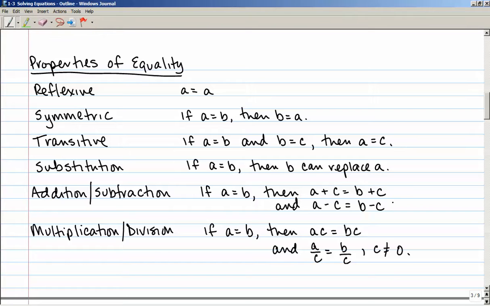If A equals B, then A times C equals B times C, and A divided by C equals B divided by C as long as C is not equal to 0, because remember, thou shalt not divide by 0. Similar to addition and subtraction, in other words, I can multiply both sides of the equation by the same thing and it remains true, or I can divide both sides of an equation by the same thing as long as it's not 0 and it remains true.